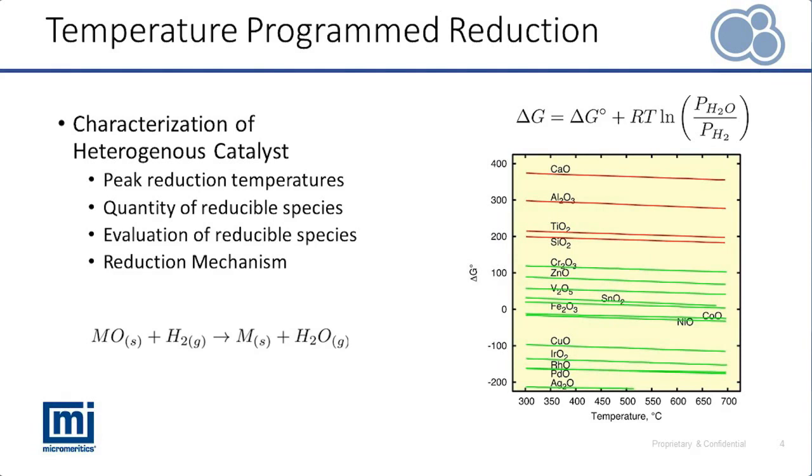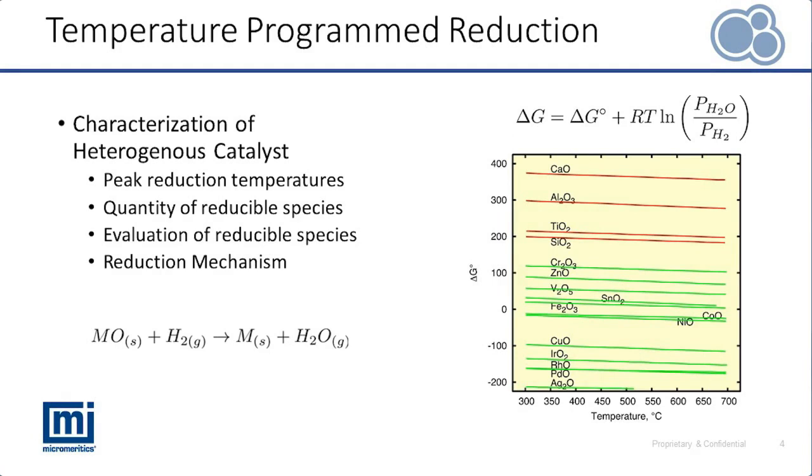A simplified equation is shown below. A metal oxide reacts with hydrogen to form pure metal or other transitional oxidation states and water vapor. The feasibility of the reaction is related to the changes in free energy in the system. With a negative change in free energy, the reduction would be favored.